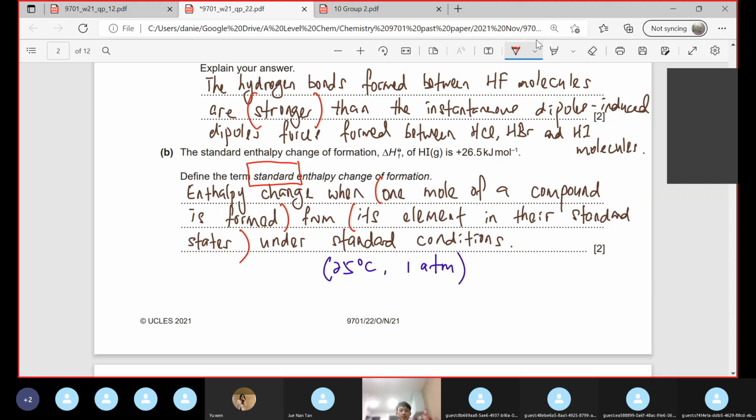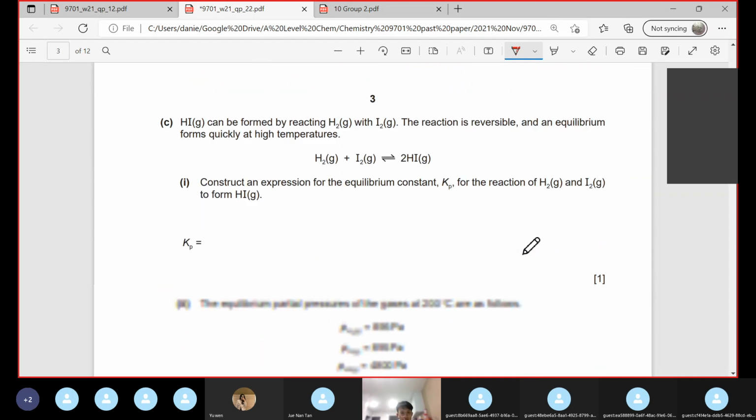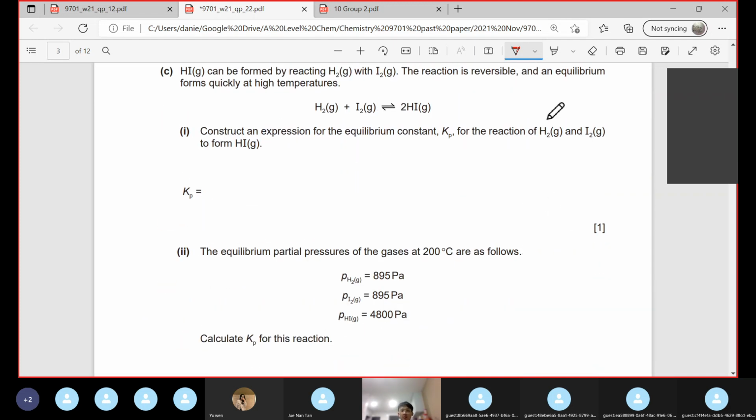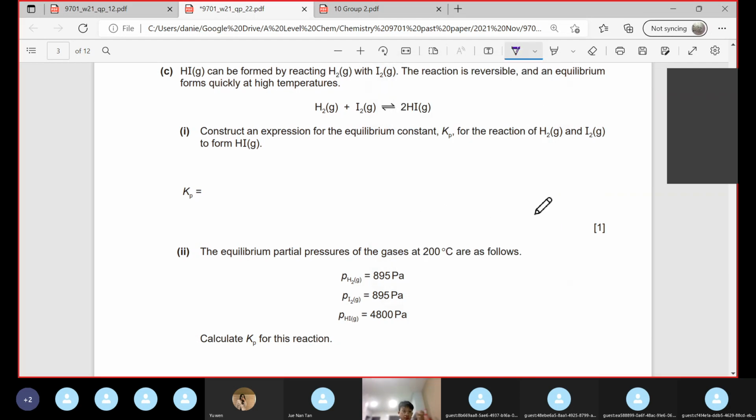Then the next question will be regarding equilibrium. So when it comes to equilibrium, first thing first here, they ask about Kp. Please be careful. They ask about Kp, not Kc, not the concentration.